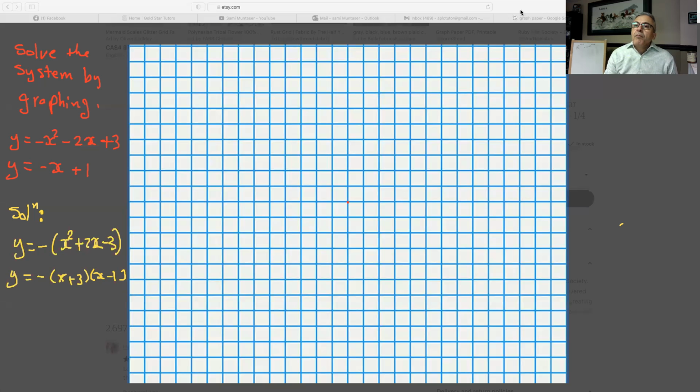So what I'm going to do is start graphing this, and I'll just plot the x-axis right here, and the y-axis right there.